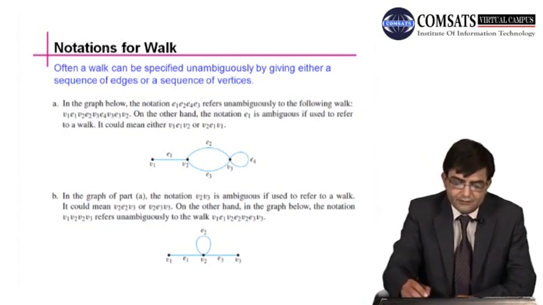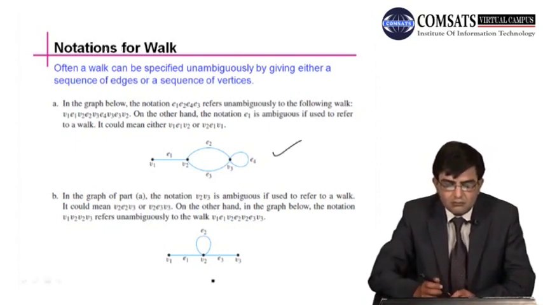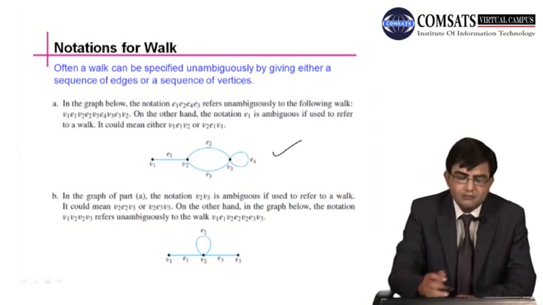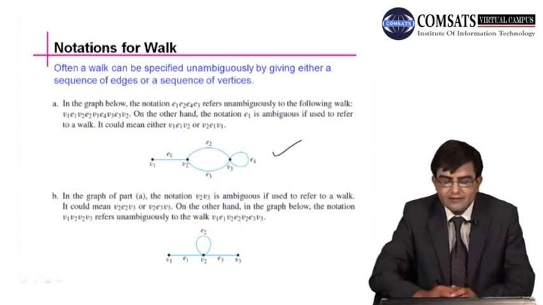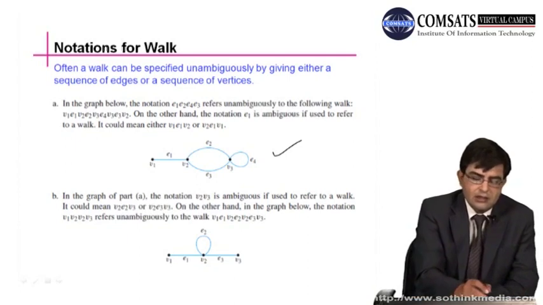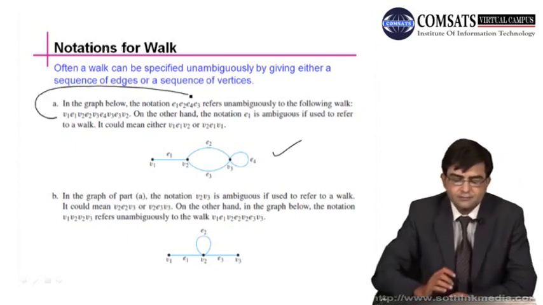We are given a graph. Here are some of the notations which we usually use for walks. In the graph below, the notation e1, e2, e3, e1, e2, e4, e3 refers unambiguously to the following walk. That is, this walk can be written as this.